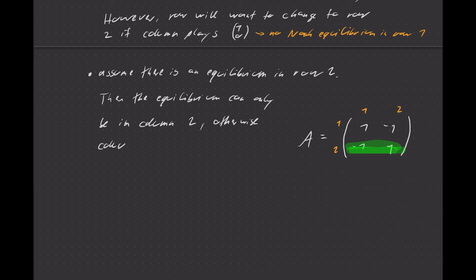Otherwise, the column player will change their strategy. On the other hand, if we are in column 2, then you will notice that the row player in this position is again very unhappy, because he's going to pay 1, and he could get 1 if he changes his strategy to row 1.